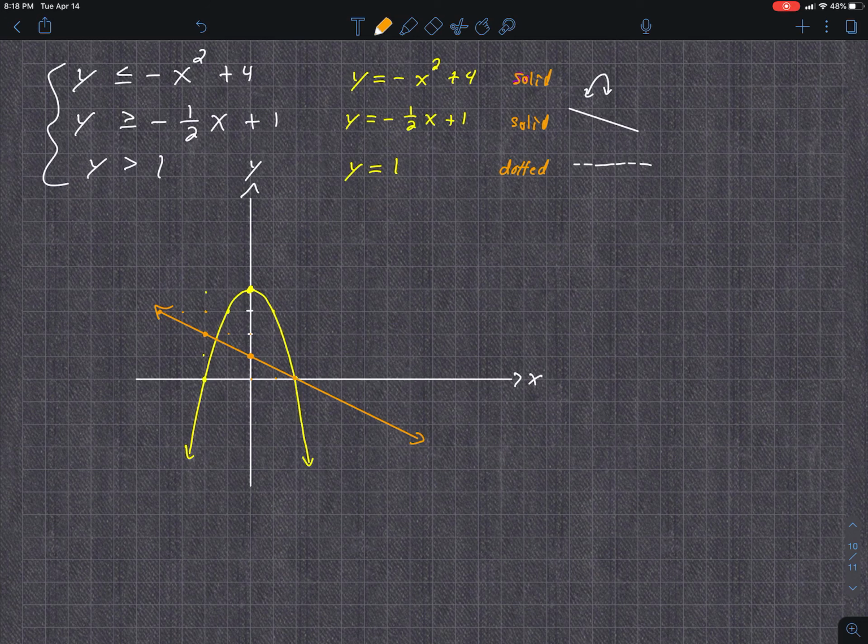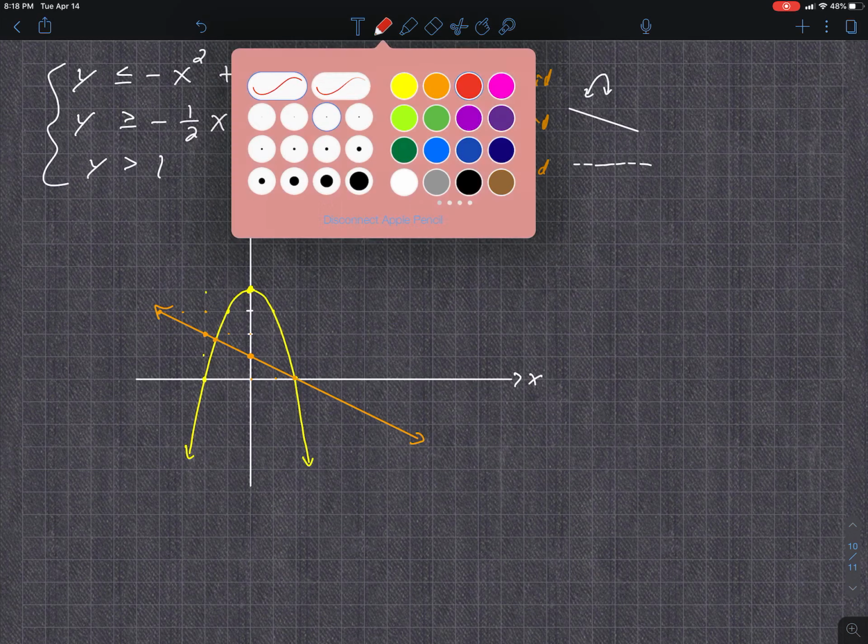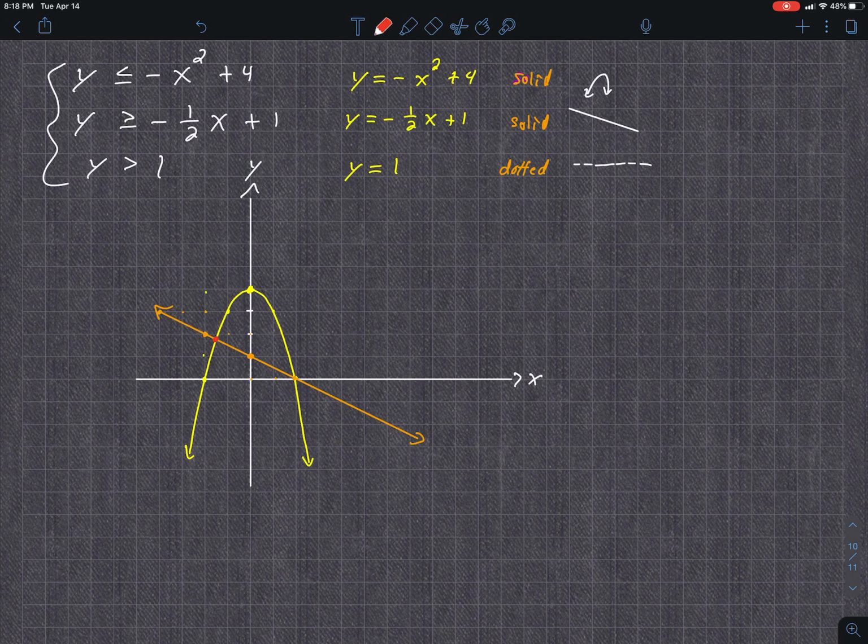And we know that intersection, we're going to need to find this intersection point right here. So this intersection point is not obvious. We're going to have to solve for that one. It is solid. It's a dot because both are equalities. And then we have one more to do, y greater than 1, which means it'll be up.